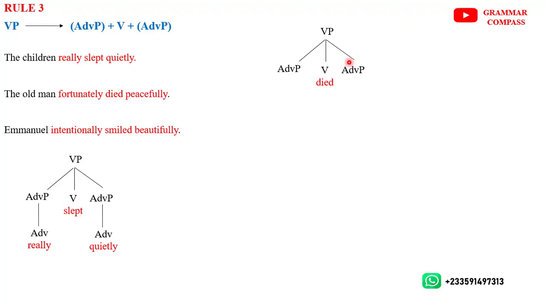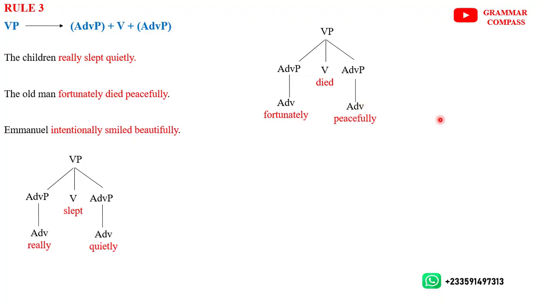First of all, we have our verb phrase that consists of an adverb phrase, a verb, and another adverb phrase. Our verb is our head word, so it is died. This adverb phrase consists of one word adverb, that is fortunately, and then the other adverb phrase serving as a qualifier also consists of one word adverb, that is peacefully.